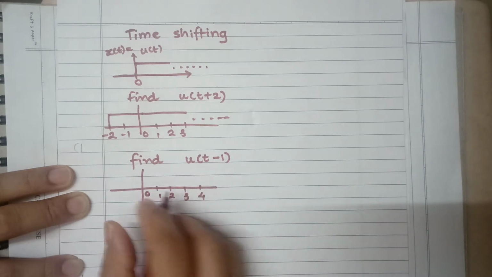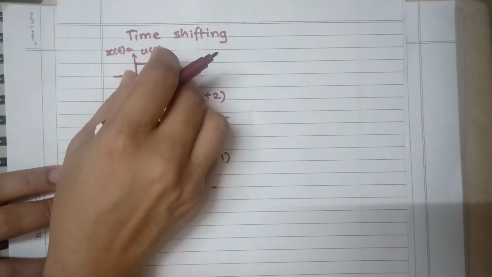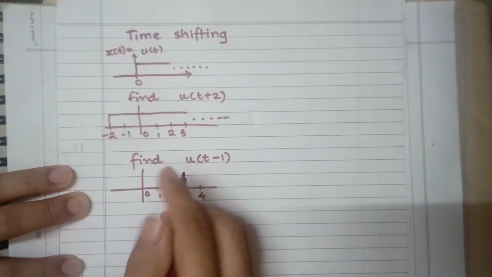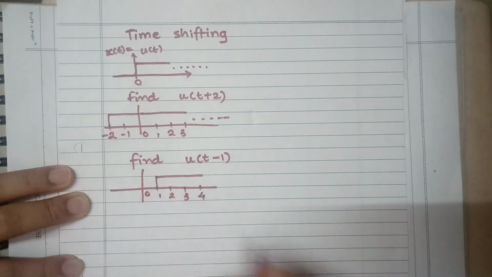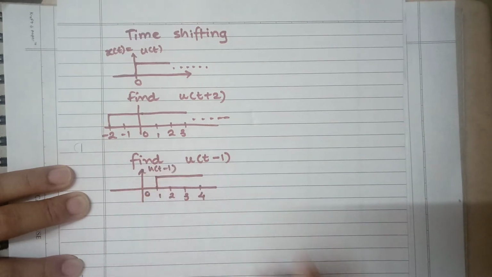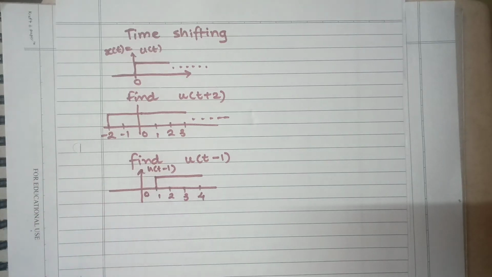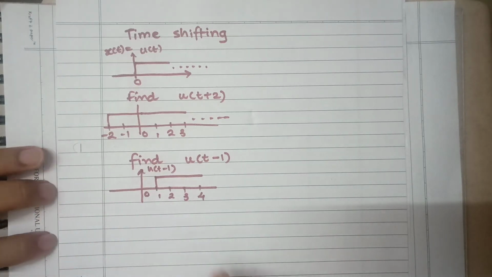So we will be shifting this signal to the right side by 1 unit. This whole signal u of t, we want to shift it to the right. So it will be like this. We'll name this u of t minus 1. So this is a simple shifting operation, and we'll take one random signal as an example.